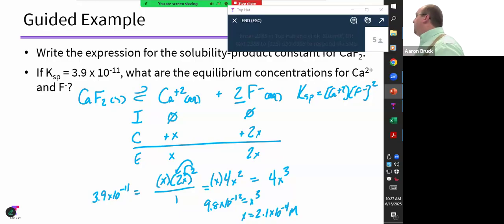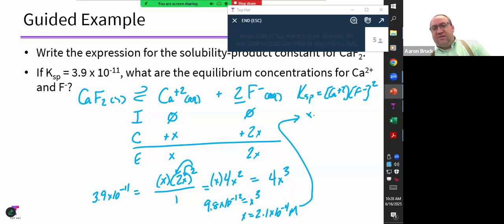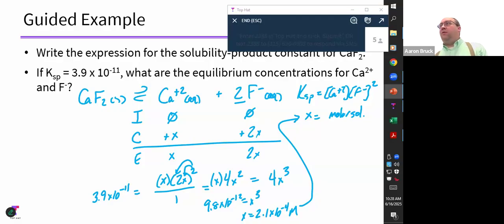And again, 2 things to draw out of this. First of all, X is the molar solubility. So if the question were asking, what is the molar solubility of calcium fluoride? That is what you would write: 2.1 times 10 to the negative 4th molar.